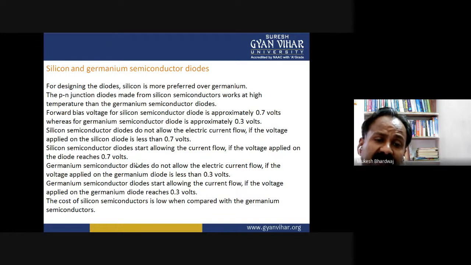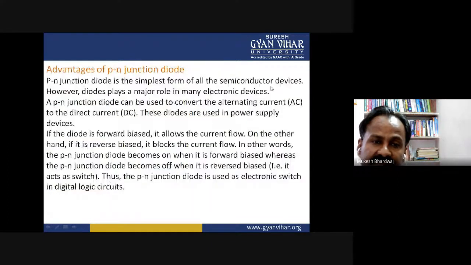Whereas a germanium semiconductor diode does not allow the electric current to flow if the voltage applied on the germanium diode is less than 0.3 volt. Germanium semiconductor diodes start allowing the current flow if the voltage applied reaches 0.3 volt. The cost of silicon semiconductor is low when compared with germanium semiconductors.